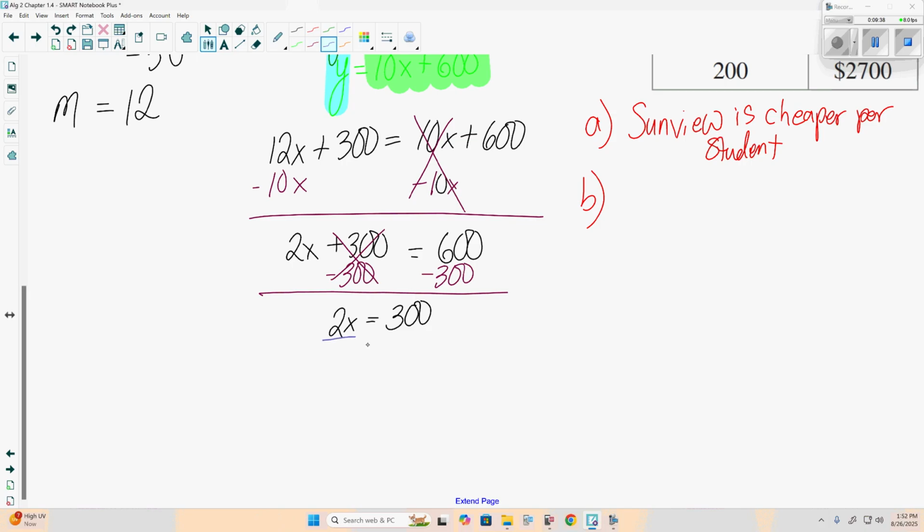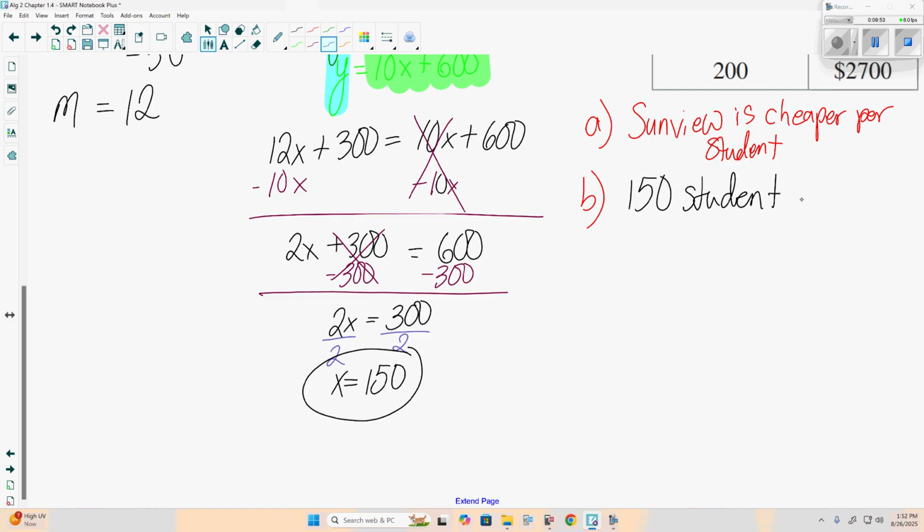And lastly, we're going to divide both sides by 2, telling us x is equal to 150. So for them to be the same, there has to be 150 students. Because if there's 150 students, the total cost between the two is going to be the same.